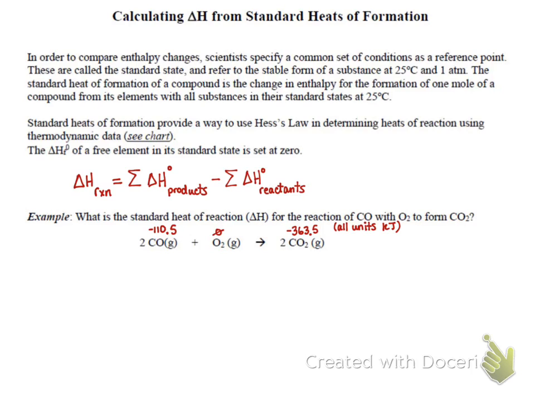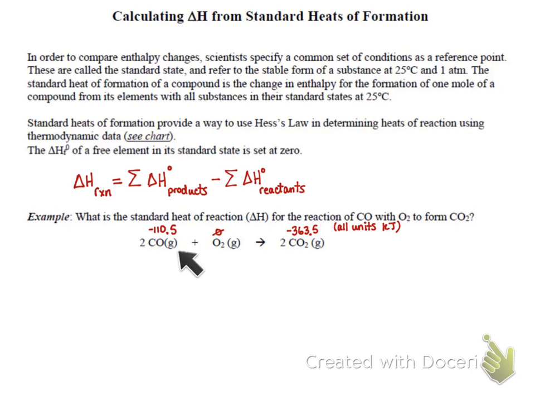They're all in kilojoules, they're all from the chart, and what I did here was write the numbers above each formula. So find CO2 in the chart, and it's negative 363.5. CO is negative 110, and then O2 is 0.